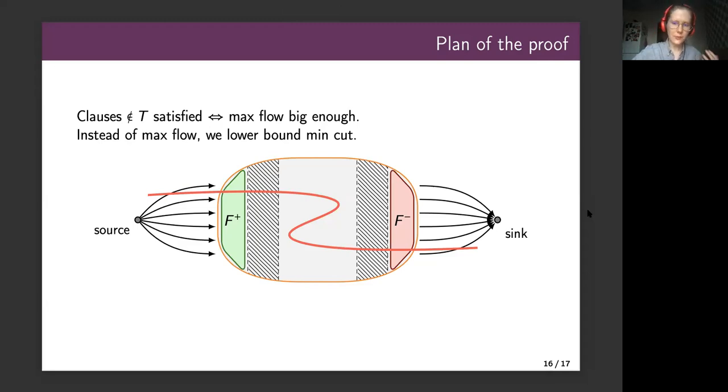So if we can balance our flow, then in some similar graph, max flow is big enough. Okay, so now instead of maximal flow, we would like to lower bound minimal cut. While our graph is an expander, it doesn't really have small cuts. Here, we use algebraic expander properties and combinatorial expander properties. So we lower bound minimal cut here, and that finishes our proof.